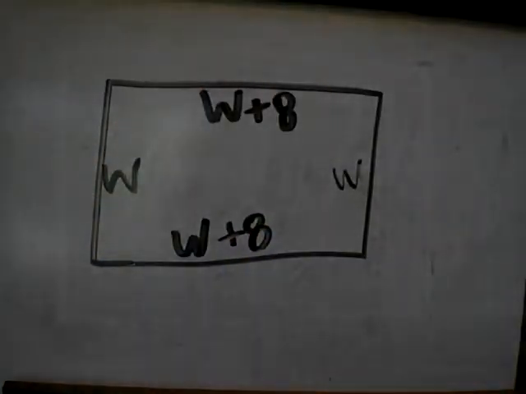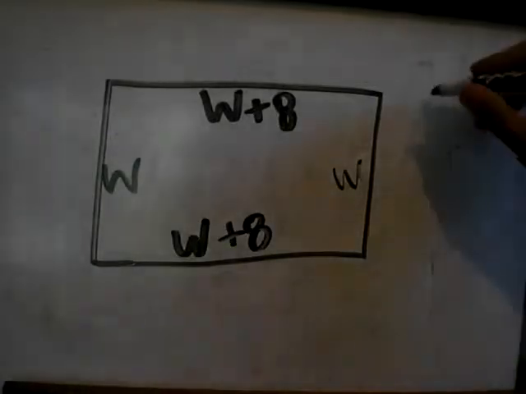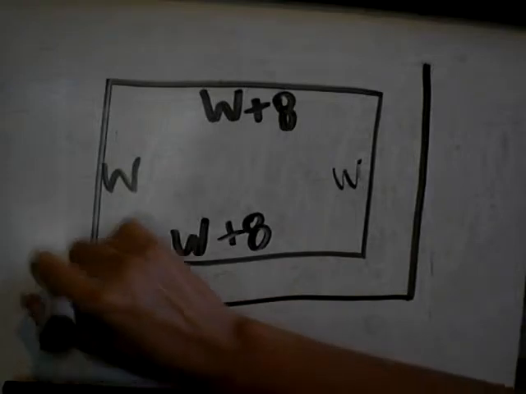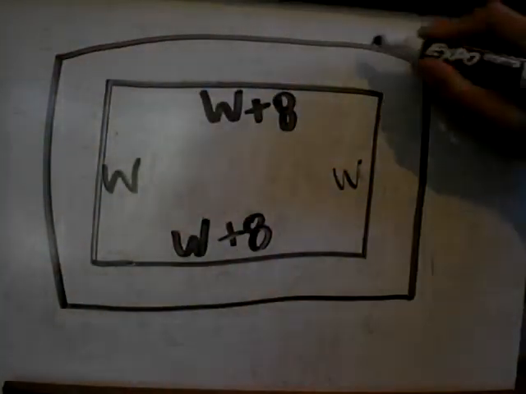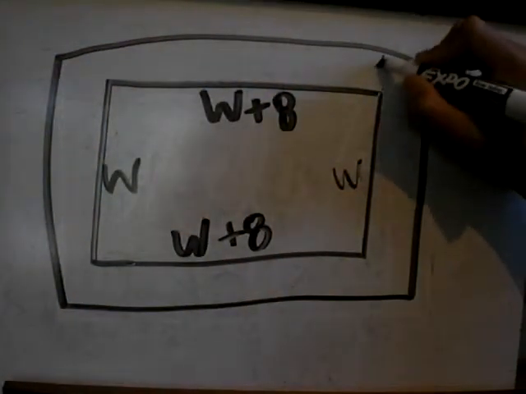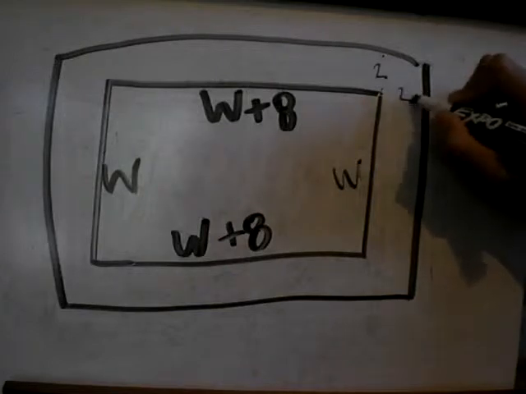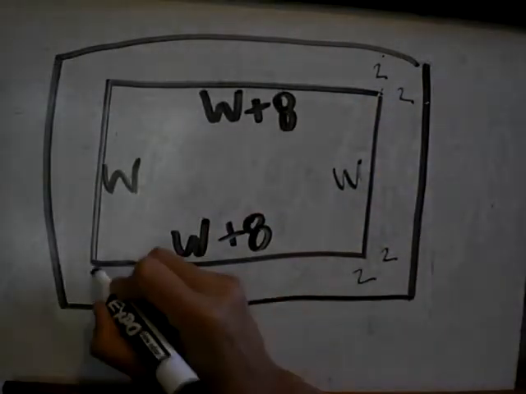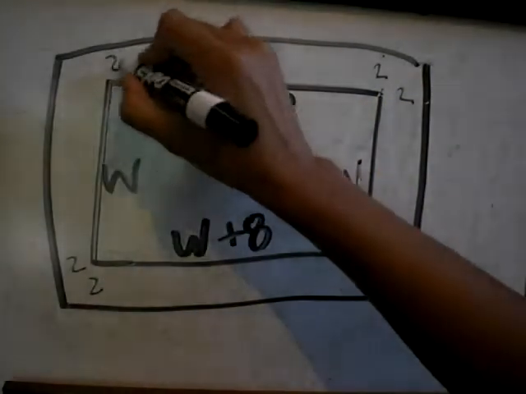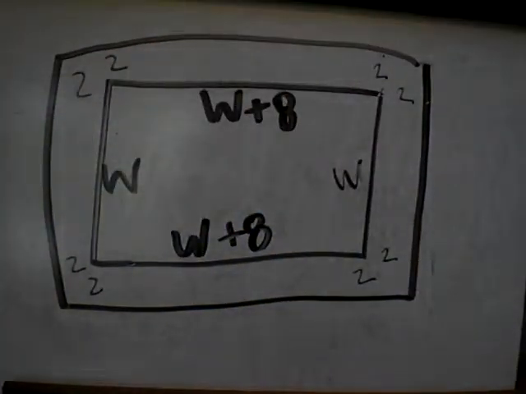Okay. It is surrounded by a brick wall, or I'm sorry, brick walk that is 2 feet wide. So here's the walk, and it's 2 feet wide. So we know from here to here it's 2 feet, from here to here it's 2 feet, and so on. Right?